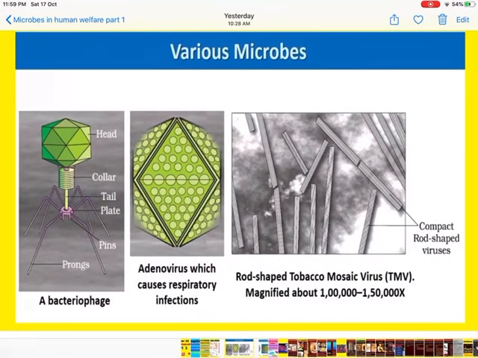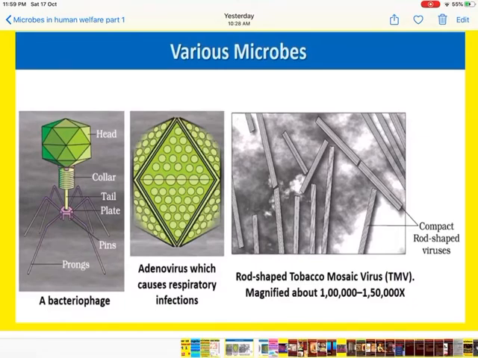See the viruses now. First virus, bacteriophage. Bacteriophages are the viruses which attack bacteria. The diagram shows it has got the head, collar, tail, plate, pins and prongs. With the help of these prongs, these bacteriophages attach to the bacteria.